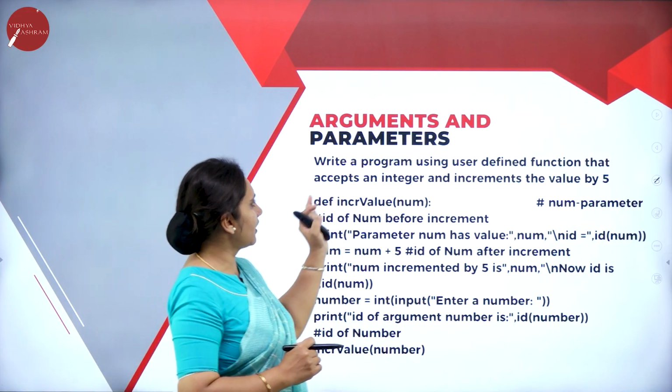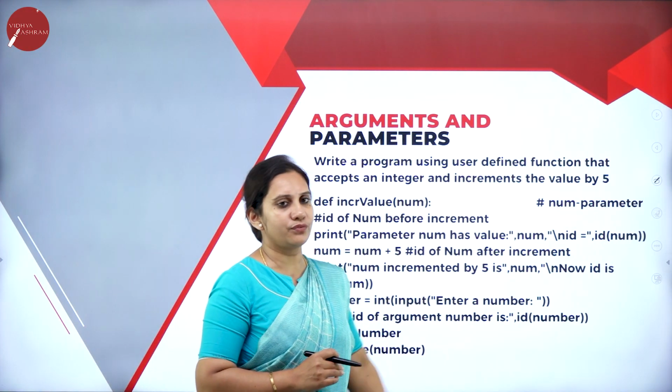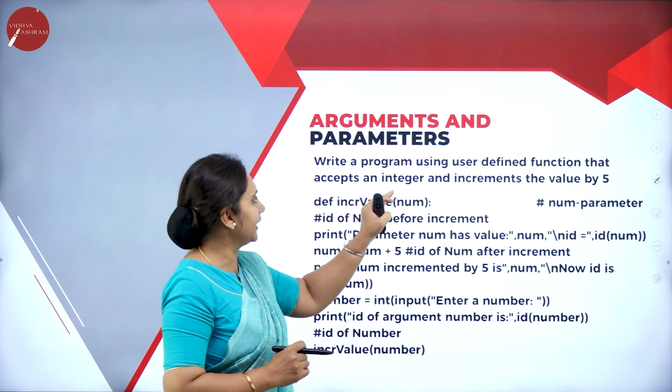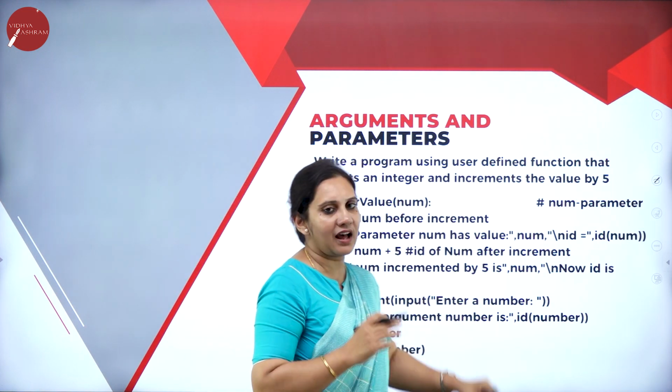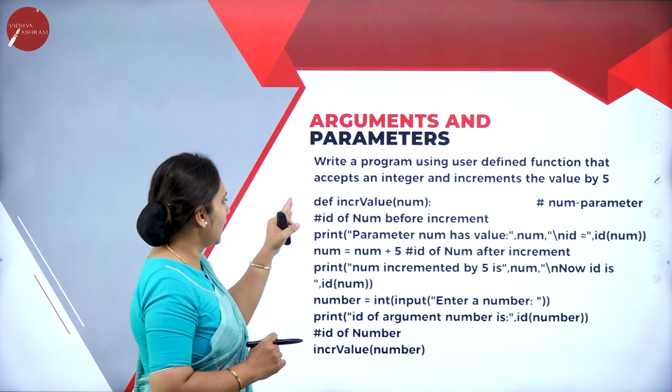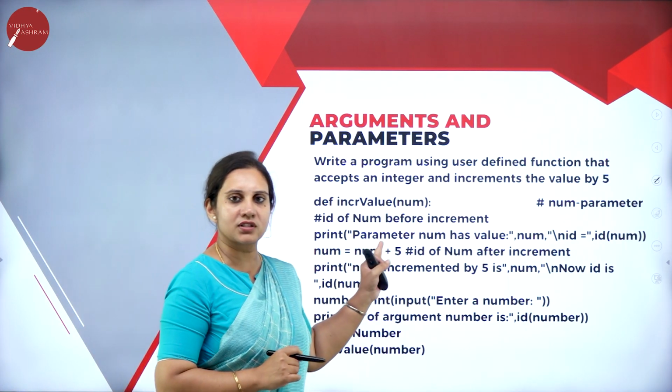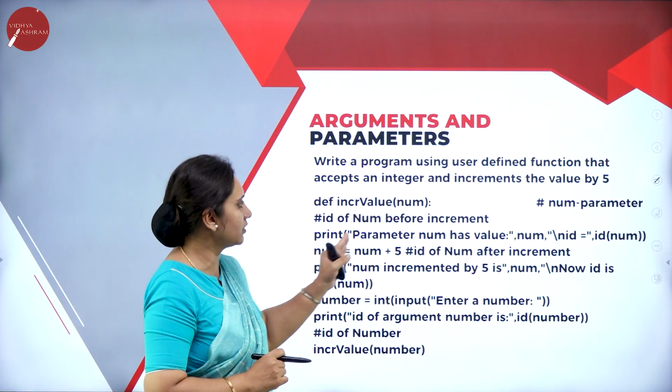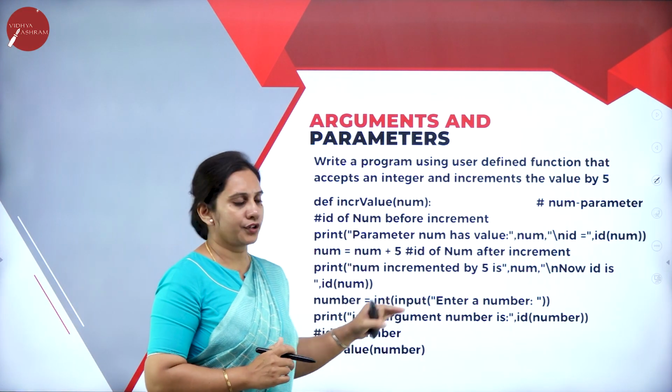Let us see one example program. Write a program using a user-defined function that accepts an integer and increments the value by 5. It is a simple example to show how a user-defined function has to be written with the arguments and the parameter.